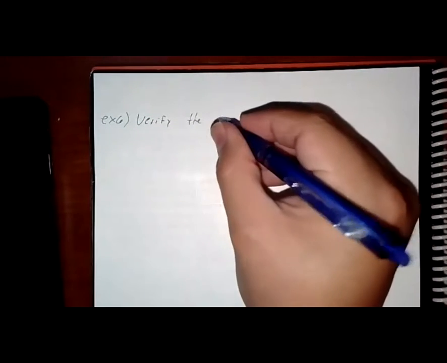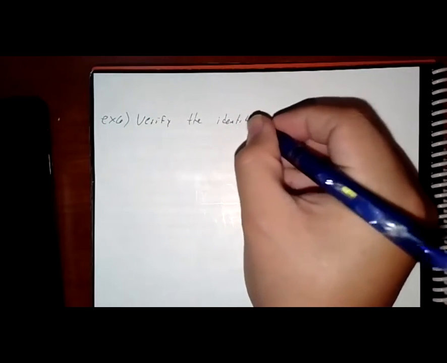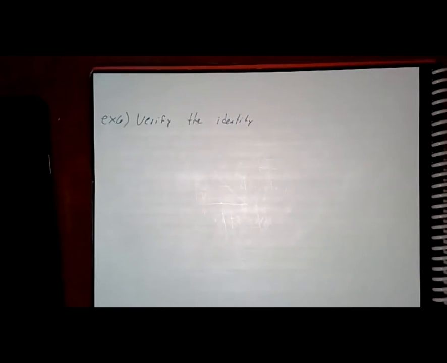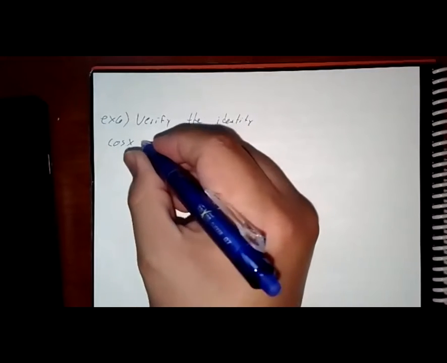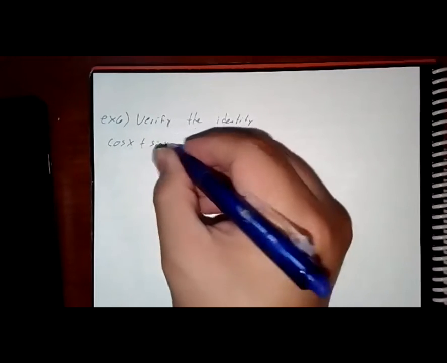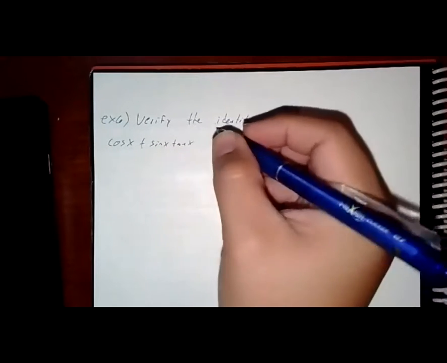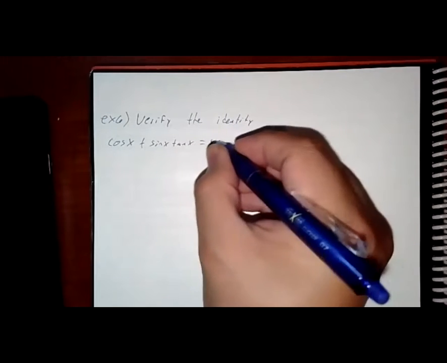So let's do a couple of them, or at least one for sure. Okay, I'm going to pick this one here. Cosine x plus sine x times tangent x equals secant x.